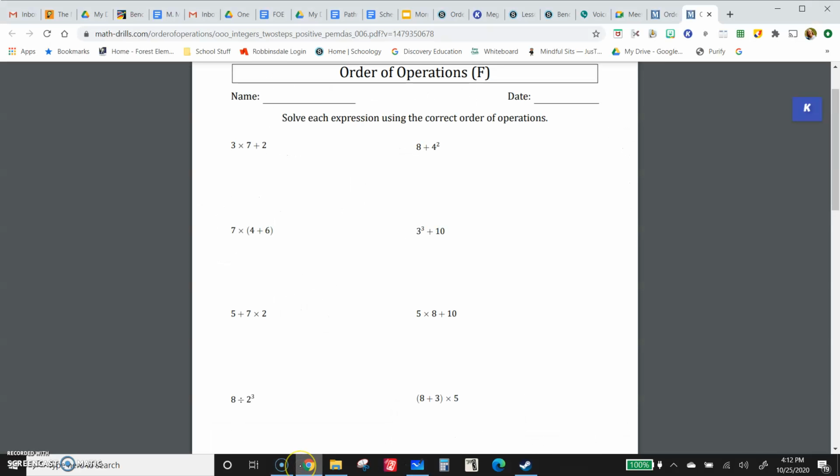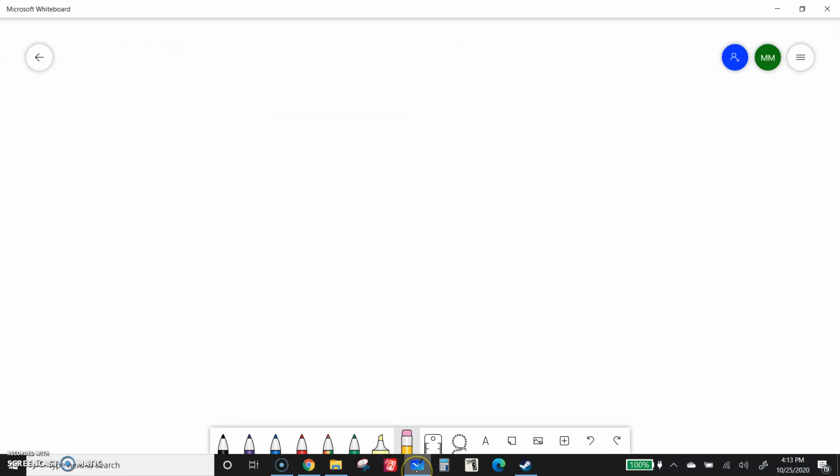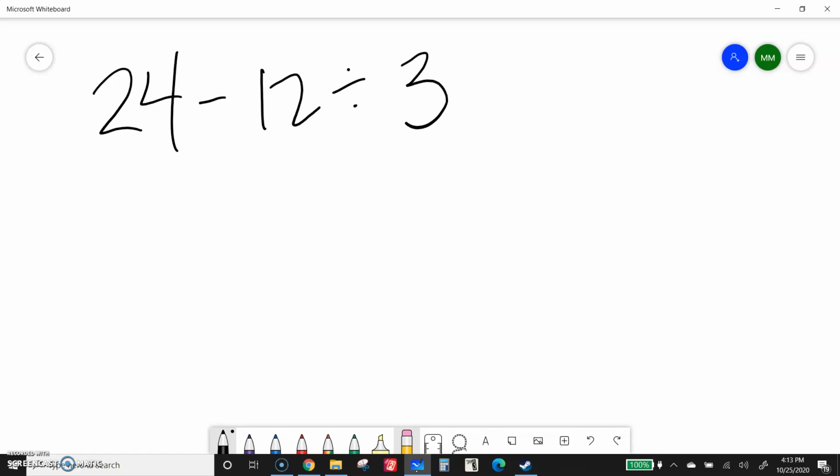All right, so hopefully you're starting to get the hang of how this works. I don't think many of these have subtraction, so let me do one. If I have something like 24 minus 12 divided by 3. Okay, so no parentheses, skip exponents, multiply and divide.